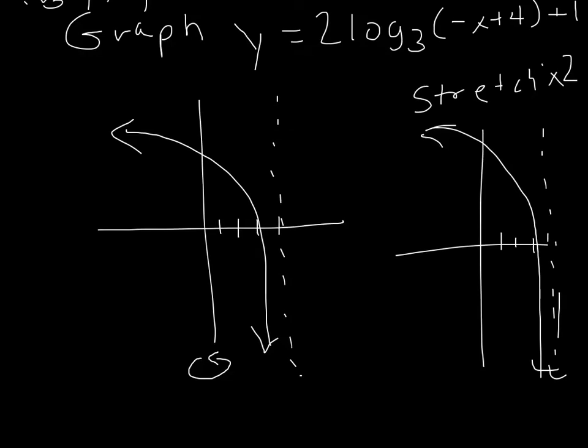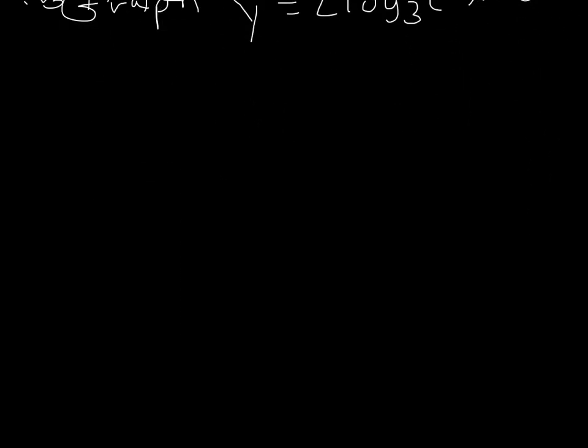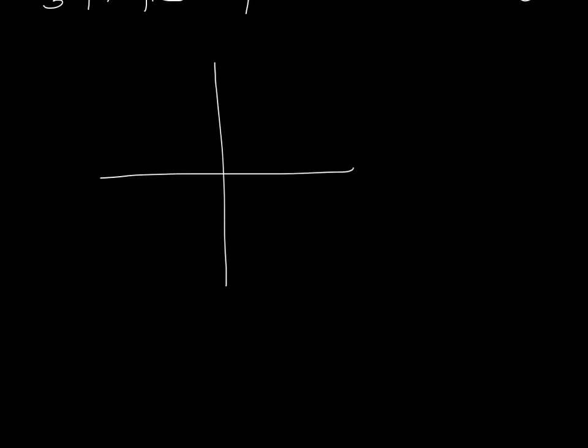Okay, so then let's move that all the way up. And so here's our graph. 2, 3, 4. Something like that. That's not a perfect graph.